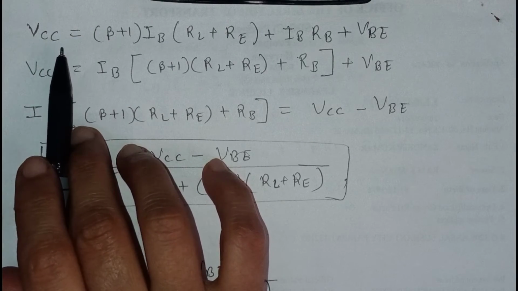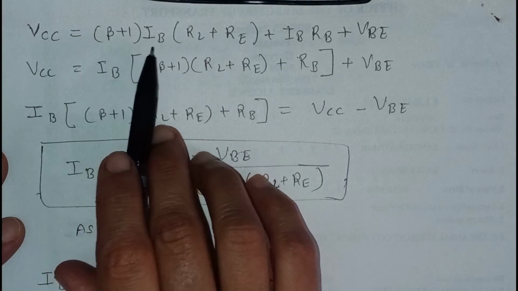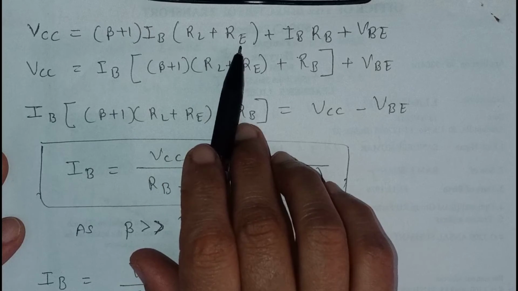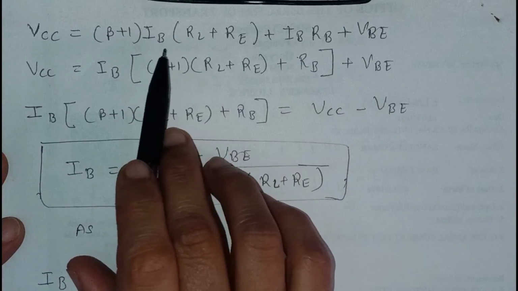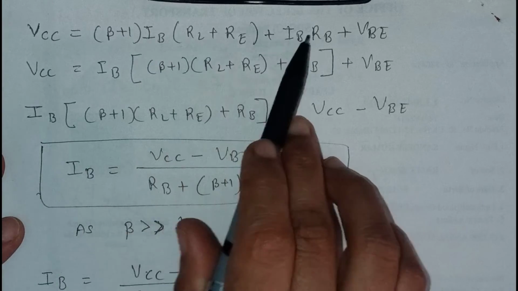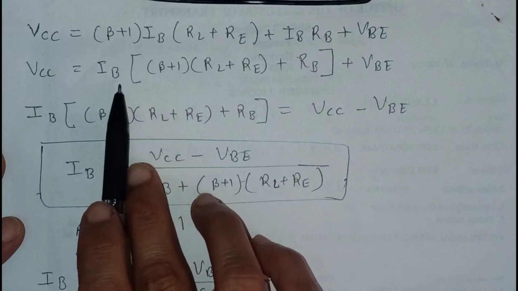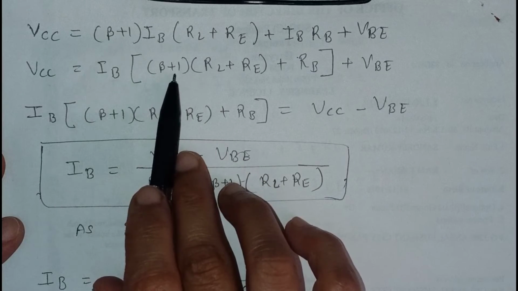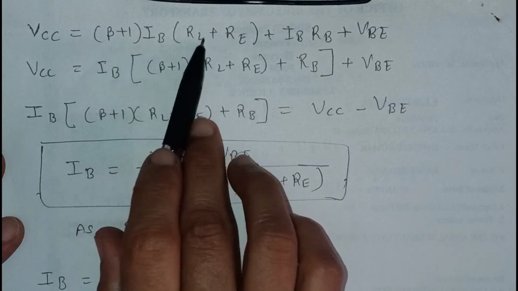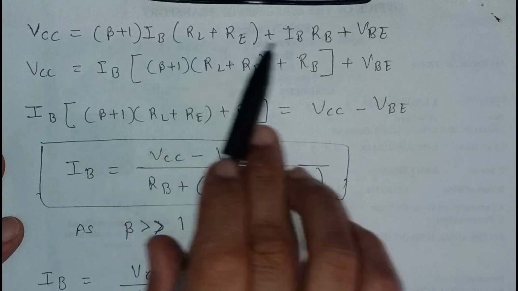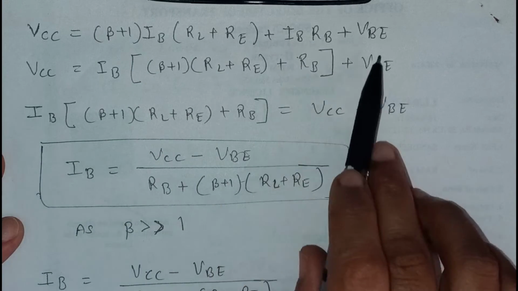Now the equation will be VCC equals to beta plus 1 IB RL plus RE plus IB into RB plus VBE. Now we will take IB common from this term and this term. So the equation will be IB in brackets beta plus 1 from this term, RL plus RE from this term, both these are from this term, and plus RB plus VBE.